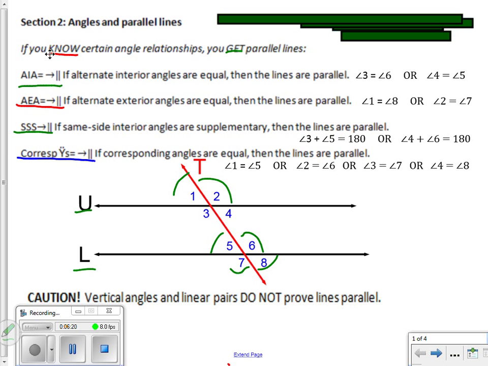We don't know for sure unless they tell you exactly which ones are congruent to which ones. If the only thing they tell you is that 1 and 2 equal 180, then we can't say that U and L are parallel.